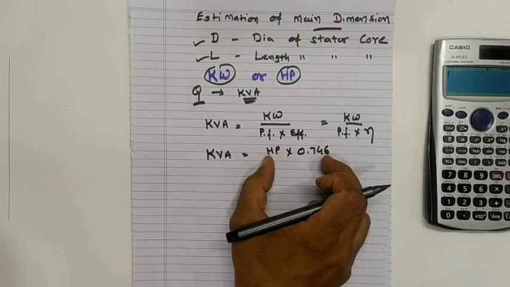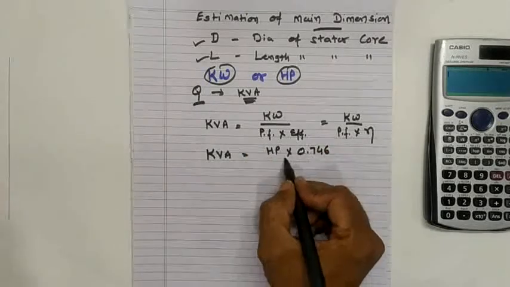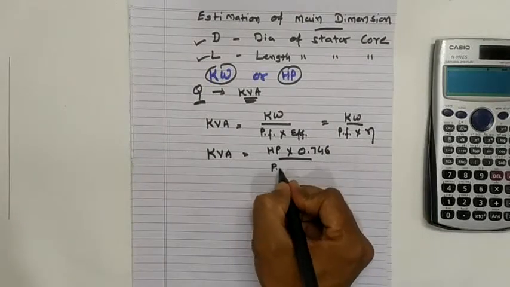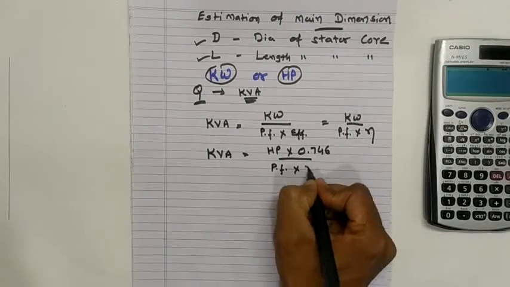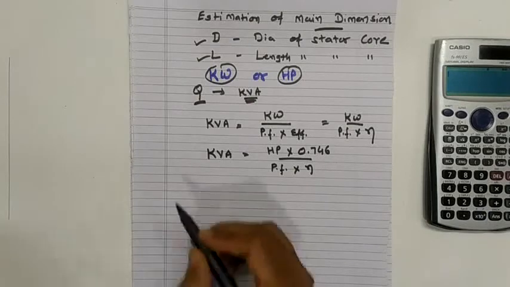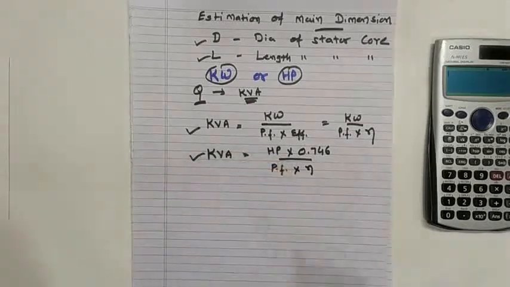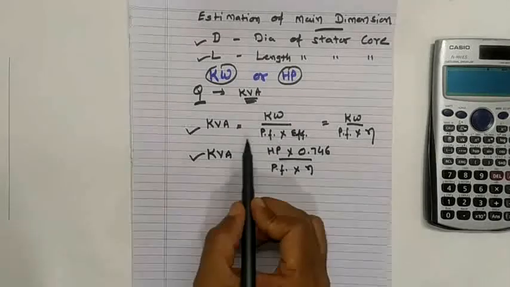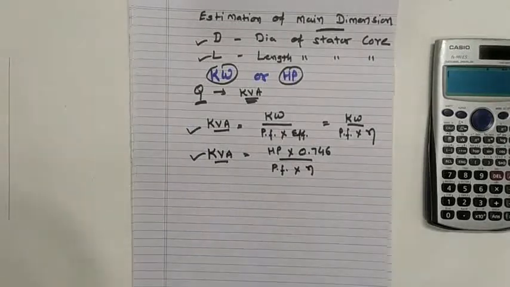This is exactly equal to the kilowatt, and then we can divide it by power factor and efficiency. So while estimating these quantities, we should always first convert either kilowatt to kVA or HP to kVA.